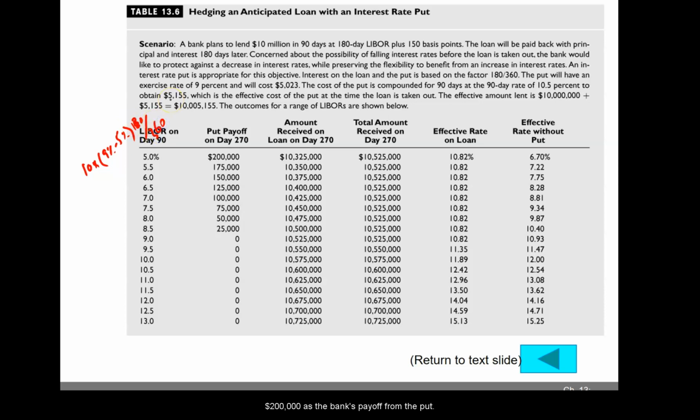So that gives you $200,000 as the bank's payoff from the put.